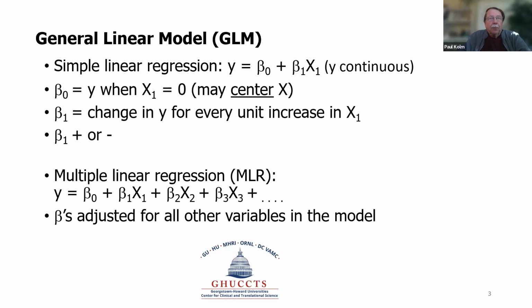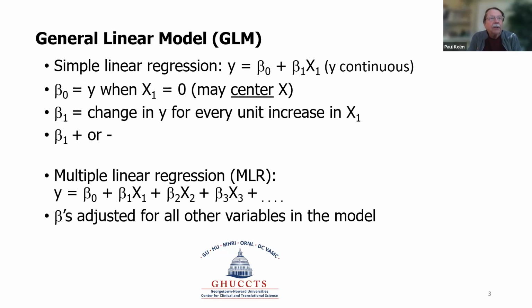And then multiple linear regression is just an extension of that, where we have more than one covariate, more than one predictor variable. And in this case, the regression coefficients, the betas, are adjusted for all other variables in the model.